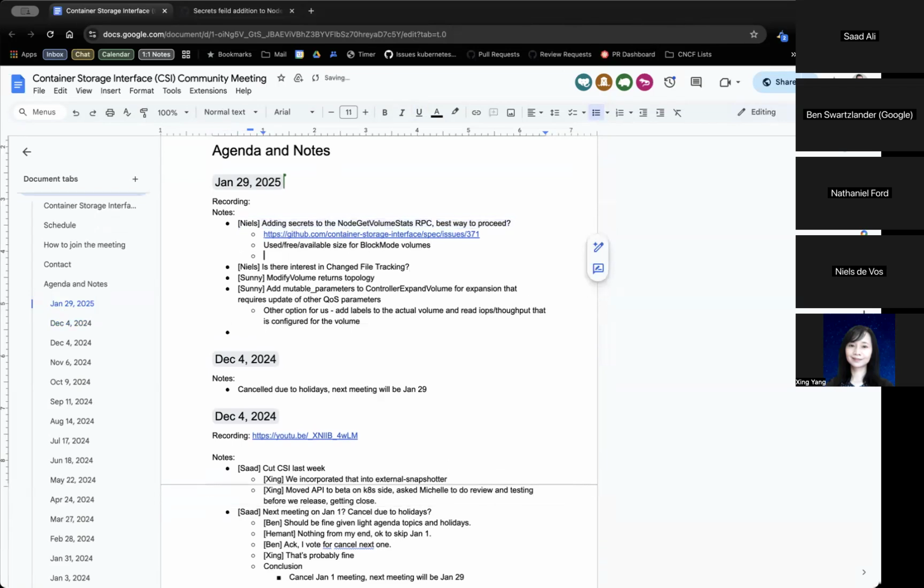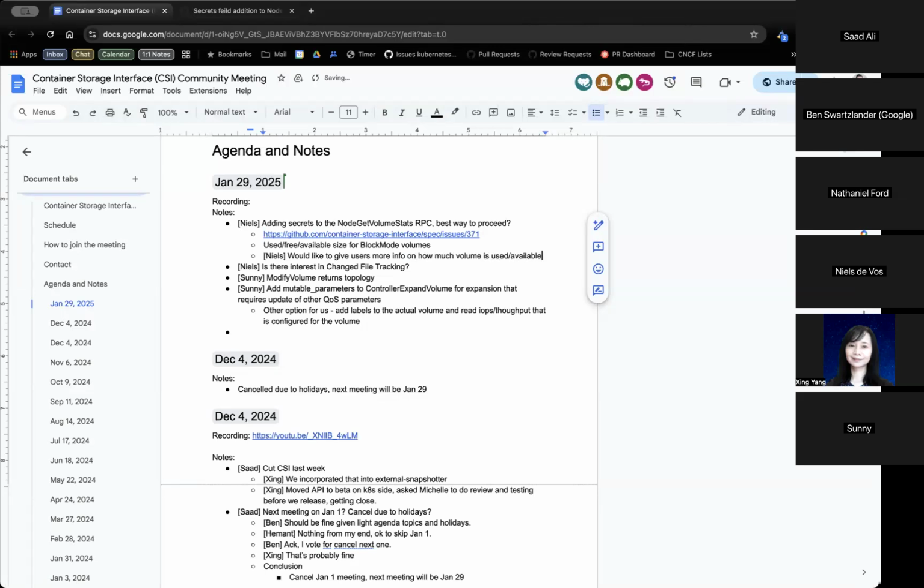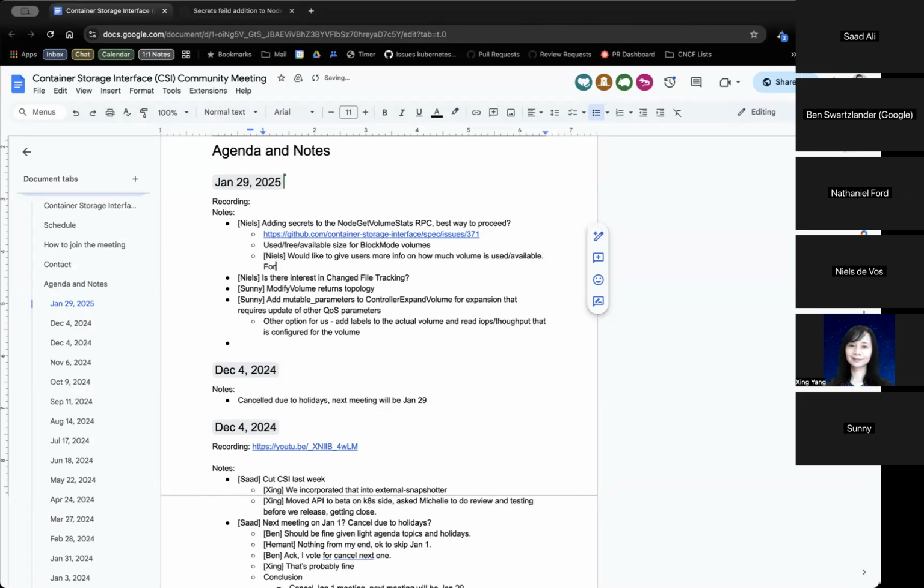Yeah, sure. Hi. So I'm working on the CSI driver, and we would like to give our users better indication on how much of the volumes is still available or used. This is mostly important for block mode volumes. For volumes with a file system, we can get metrics quite well, but for block mode volumes, we cannot inspect the contents of the block device.